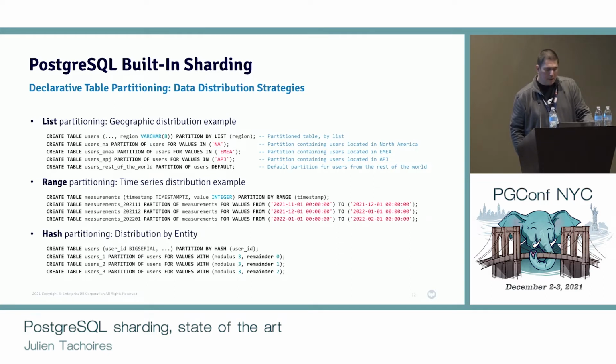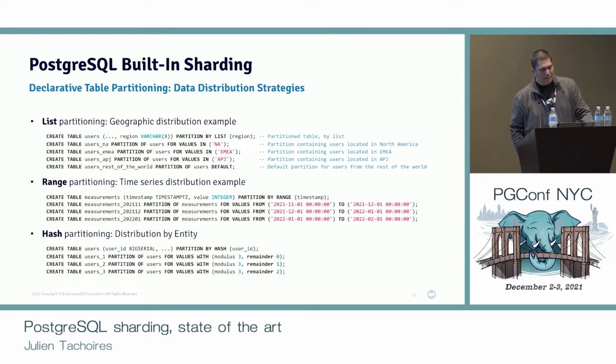About time series, with Postgres declarative partitioning, we can create, for example, one partition for each month, and then, based on a time frame, time series data are grouped by months, for example. And finally, Postgres hash partitioning form allows us to distribute data by entity or entity group.